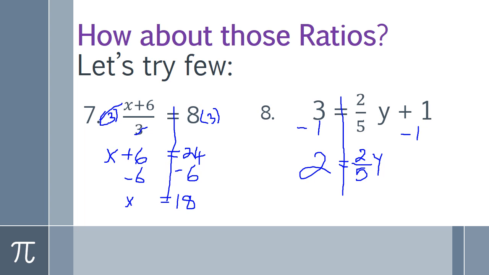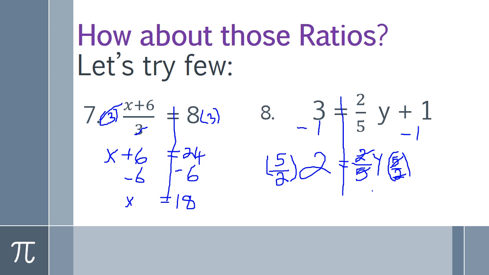So by multiplying by the reciprocal on this side, which is 5 over 2, and multiplying 5 over 2 on this side, the denominator, which is 2 and 2, they're going to cancel each other. 5 and 5 are going to cancel each other.